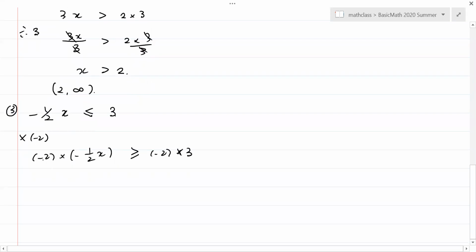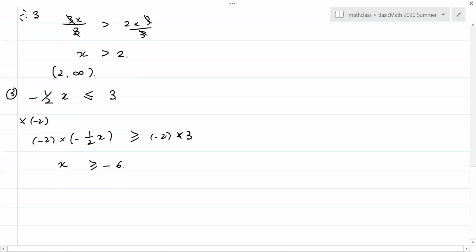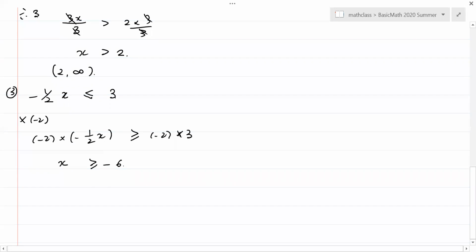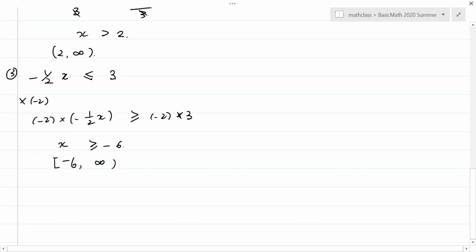On the left-hand side, the -2 cancels out, just x. The right-hand side is -6. Now how to express it in interval notation? From -6 to positive infinity. But this time -6 is included, so you have to use a bracket.